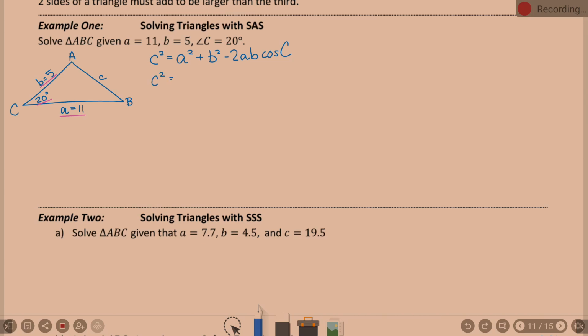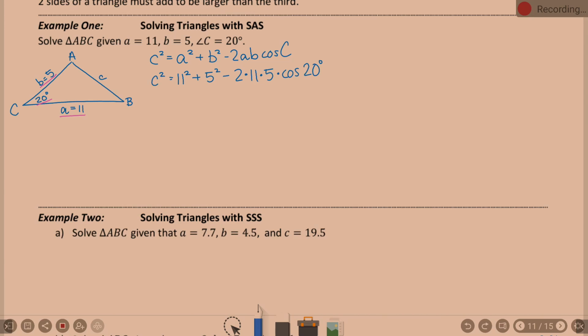C squared equals 11 squared plus 5 squared minus 2 times 11 times 5 times cosine of 20 degrees. So what does it appear I'm finding? It appears I'm finding side C, right?